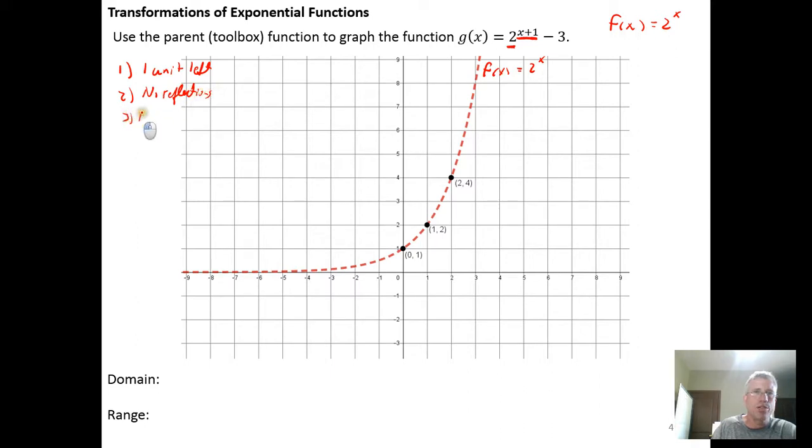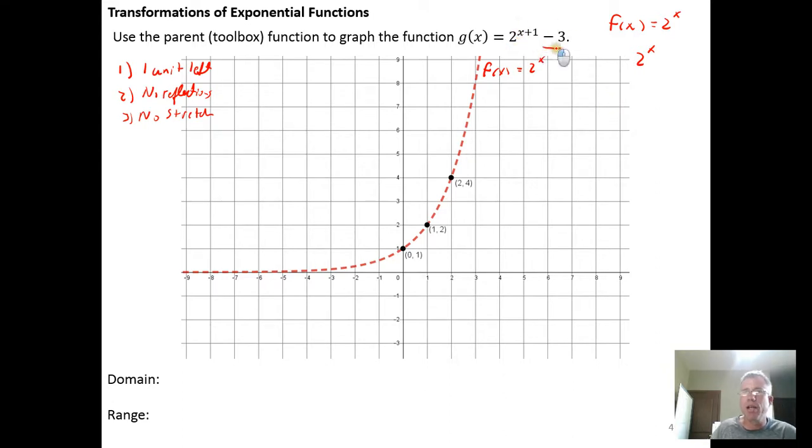There's no stretch, because we're not multiplying the toolbox function by anything. We don't see something that looks like 3 times 2 to the x, where we're getting a stretch. There's no negation where we're getting reflection over the x-axis. There's nothing being multiplied to the exterior of the toolbox function. So no reflection, no stretch.